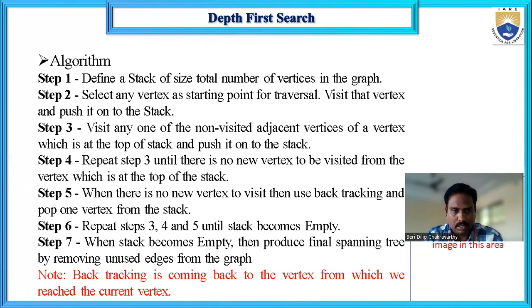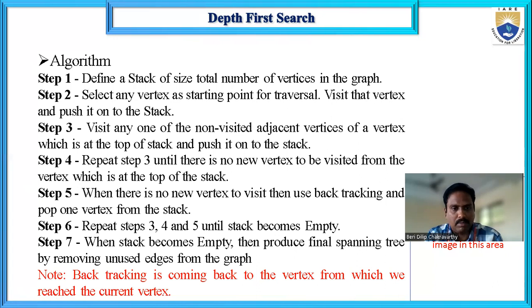So after completion of step 4, there is no vertex to be visited. All vertices are already visited, maybe some are still in the stack. If there are no more vertices to be added, we'll just pop the vertex from the stack and repeat that procedure.